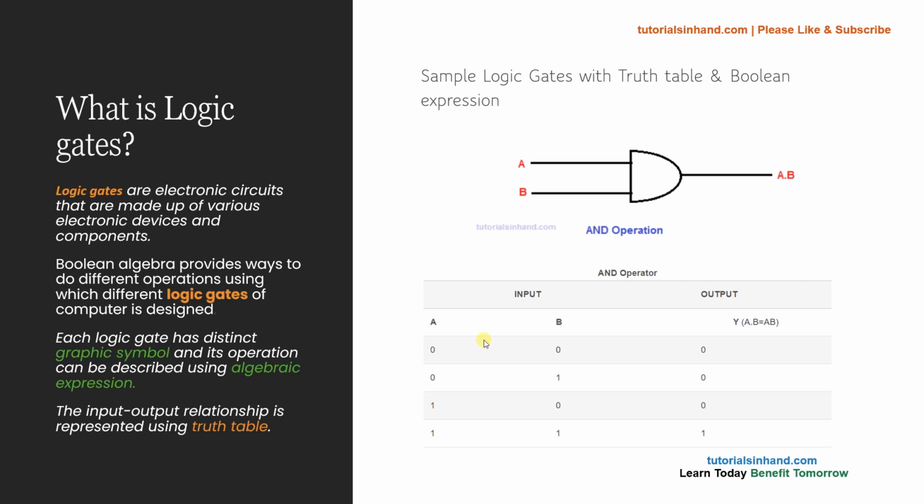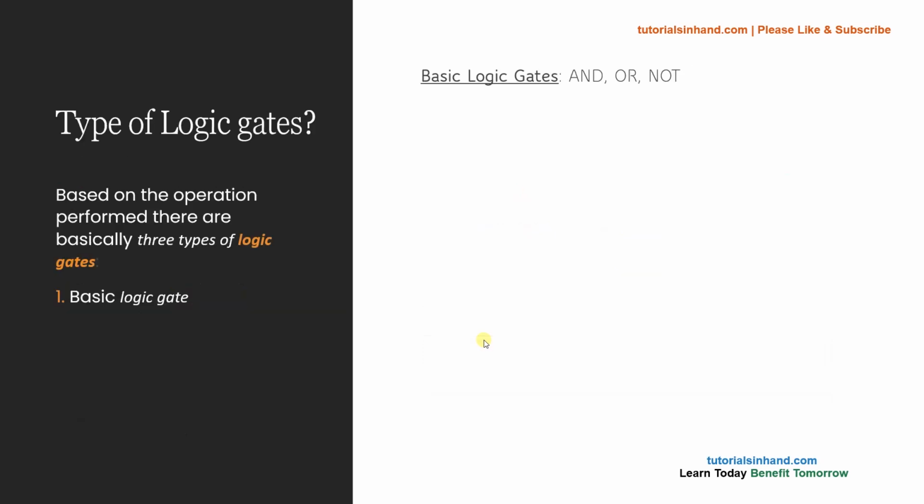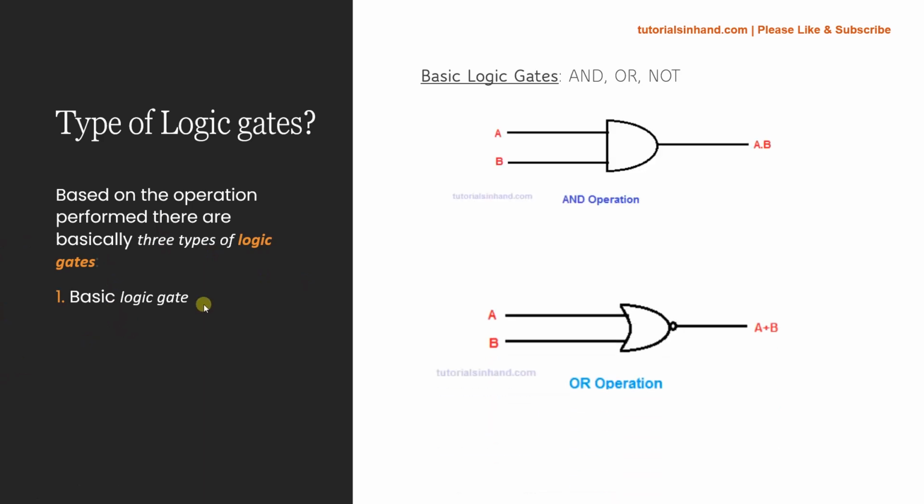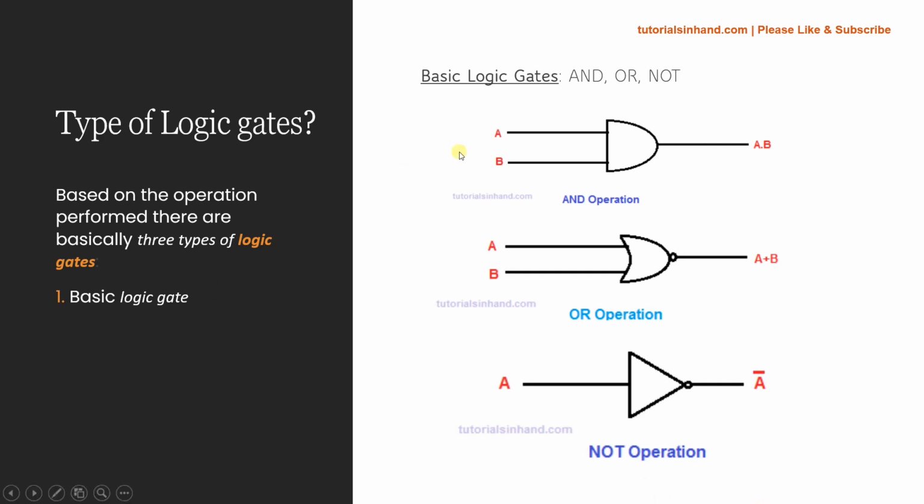So let's move ahead and see how many types of logic gates we have. First, based on the operations we determine the type of logic gate. So we first have the basic logic gates, which include the AND gate, OR gate and NOT gate. These are the graphic representations of each kind of gate, AND, OR and NOT.